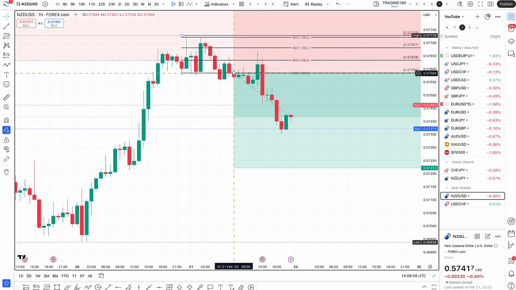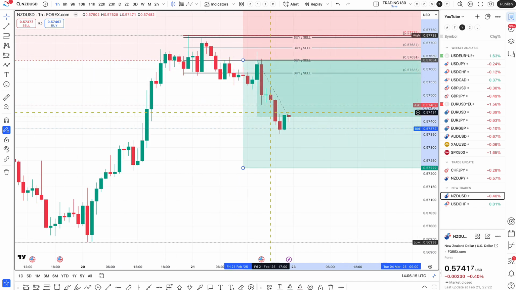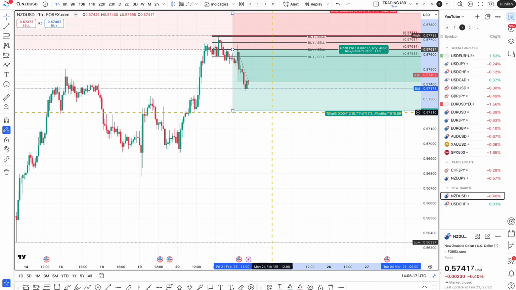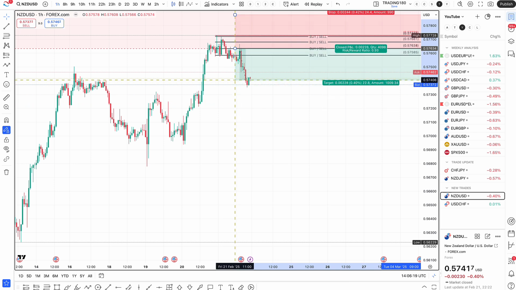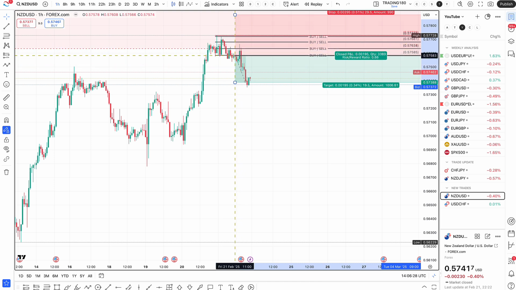Prices pulled back to this area here, which managed to get me into a second position, and that position was profitable. As prices came down, that was a 1-to-1 right there, and so that ended up hitting profits.